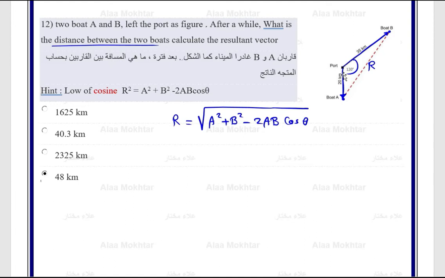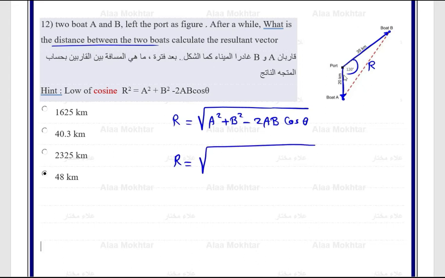We can use a squared plus b squared only if the angle between the two vectors is 90 degrees. But if the angle is greater than 90 degrees, we use the cosine law: r equals the square root of a squared plus b squared minus 2ab cosine theta.